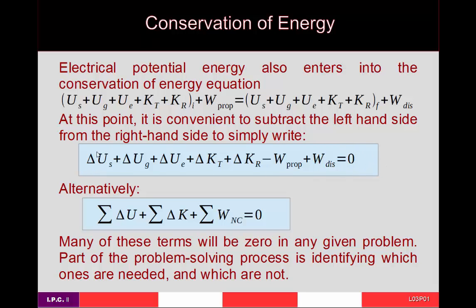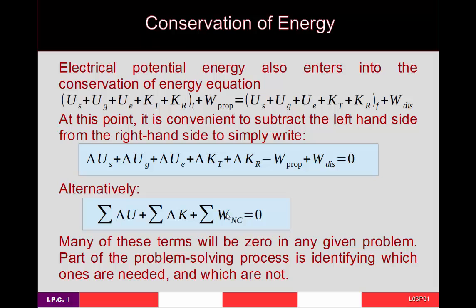Energy conservation basically says that the difference in potential energy from whatever sources of potential energy you have, be it a spring or gravity or an electric field, plus the differences in kinetic energy, be it translational or rotational, minus any non-conservative work done to propel the object plus any non-conservative work done to dissipate energy from the object should collectively equal 0 as long as you have an isolated system. So this is the shorthand version of that.